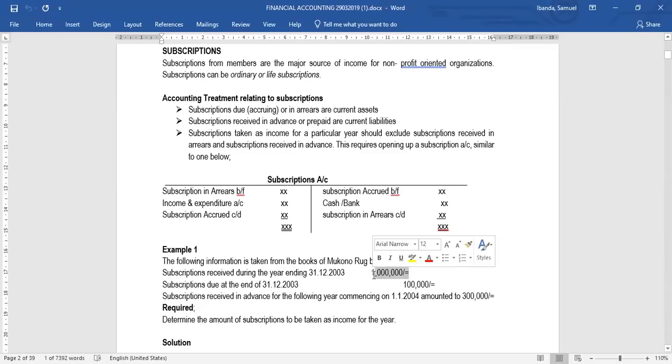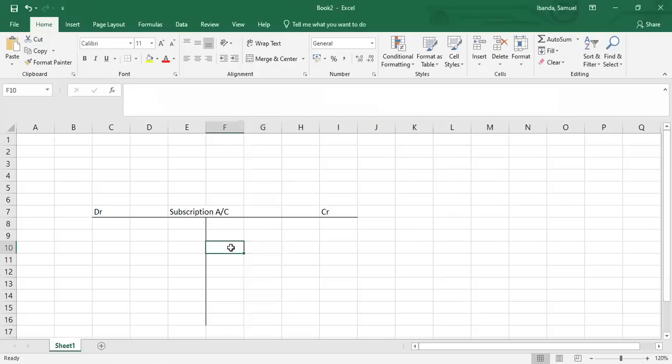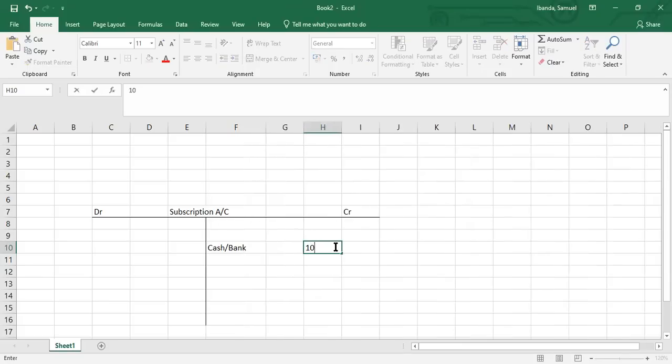So what they told us here, that any subscriptions that are received through cash and bank should be credited. Okay, so I'm going to credit this 1 million. So I'll come here and say cash and bank, or cash or bank. I record 1 million.